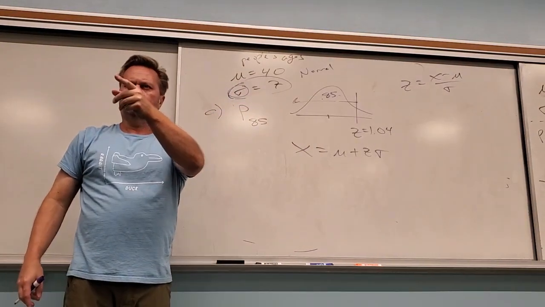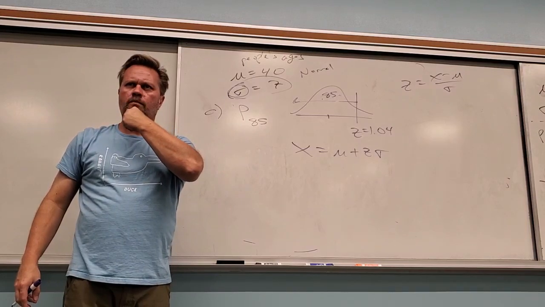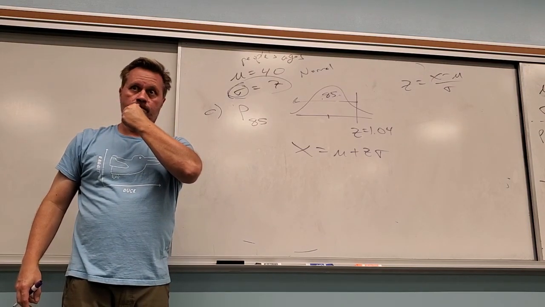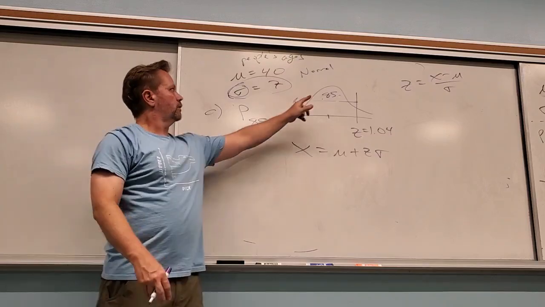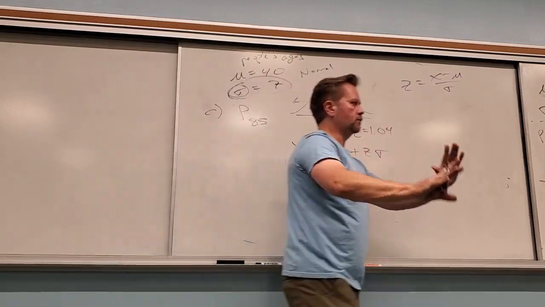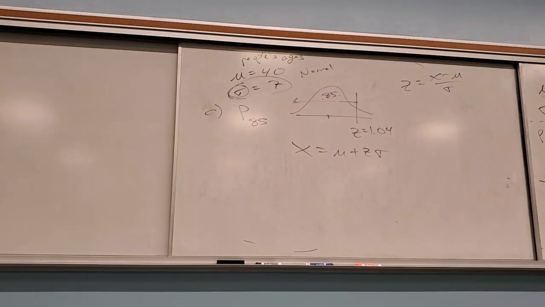Sorry, what's up? I was confused how we got 1.04. Oh, all right, so look up 0.85 in the body of the z-score chart. And what's the closest you can get?